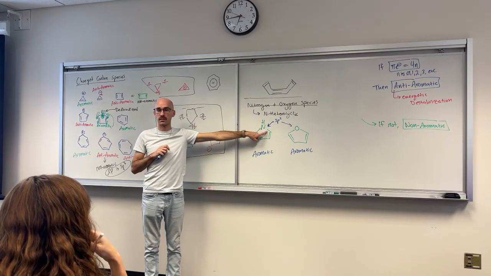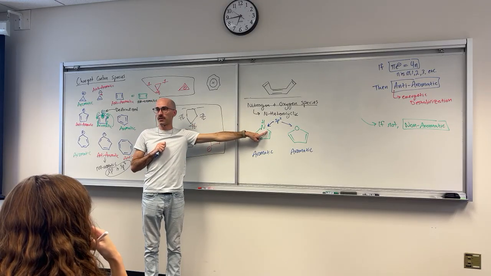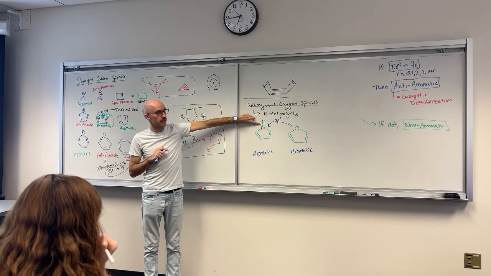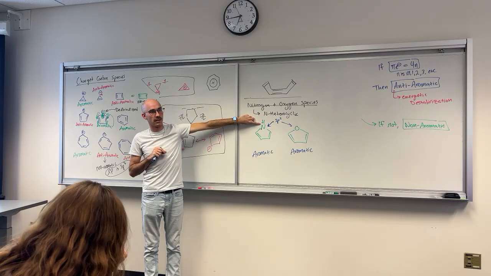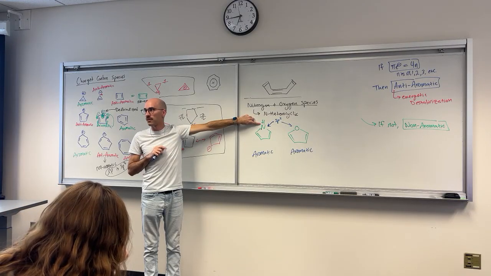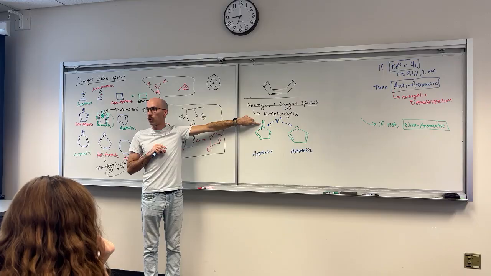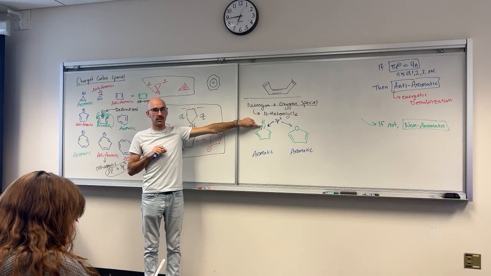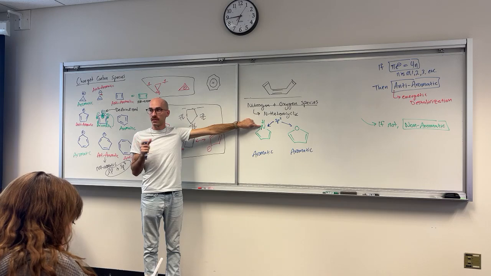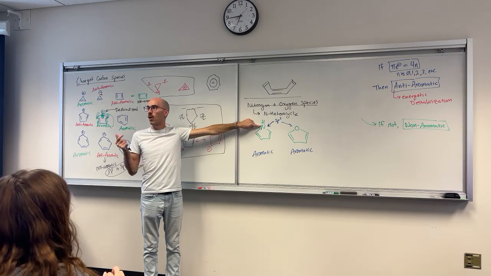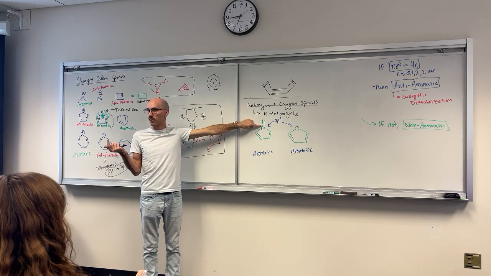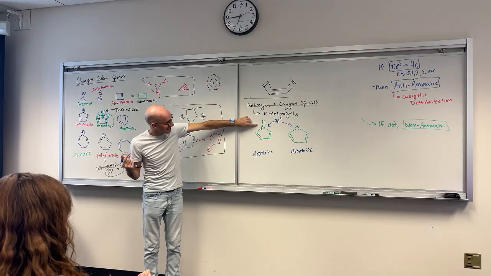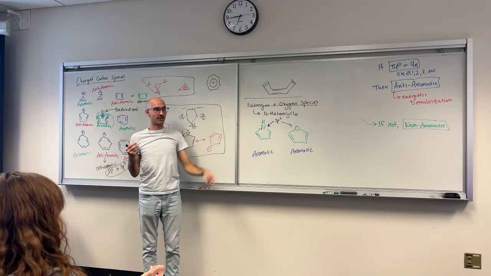What is this? sp2 to sp2. What is this? S to sp2. What's the only orbital left for nitrogen's lone pair? P. The unhybridized p orbital. What does that p orbital do then? It delocalizes it with the rest of the ring.